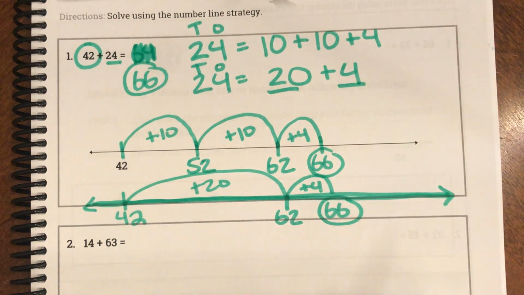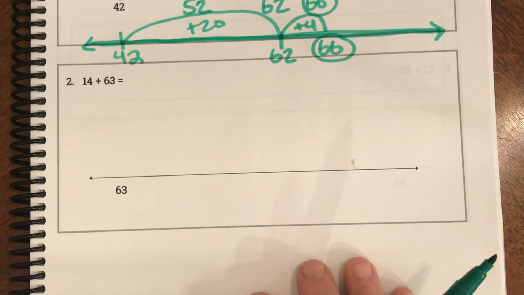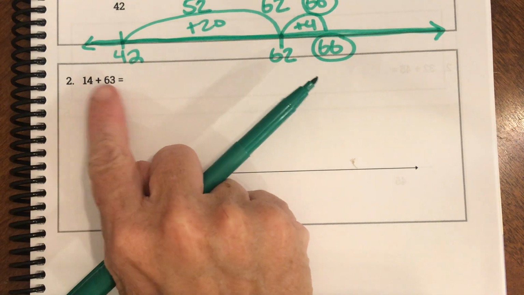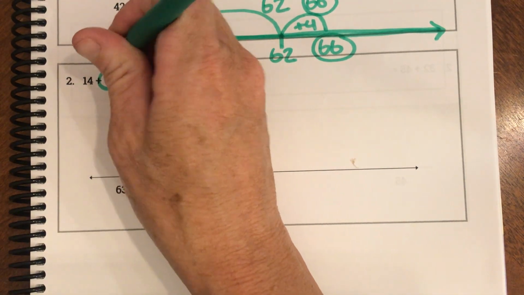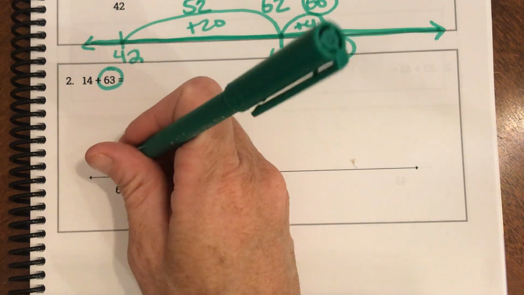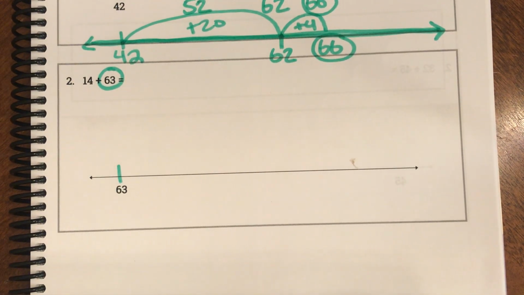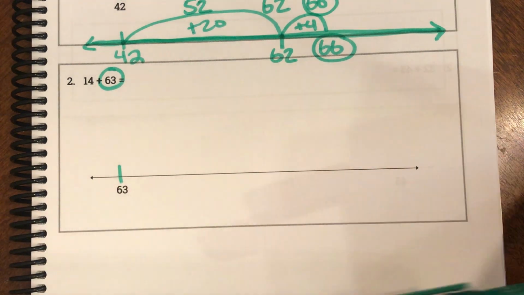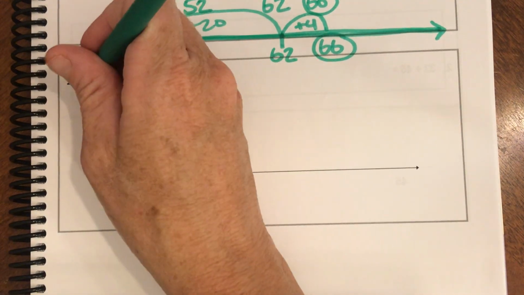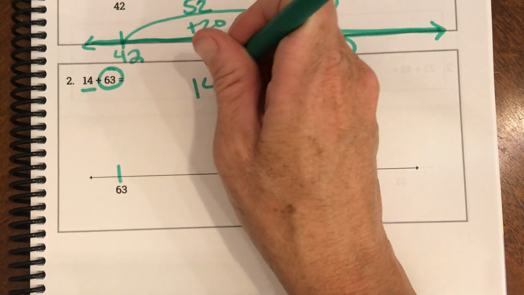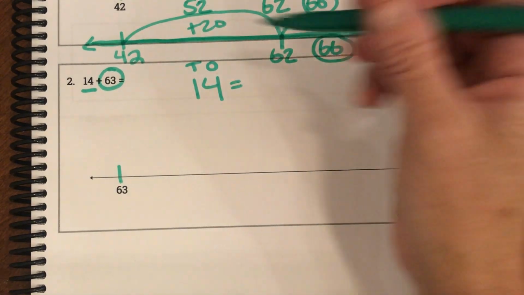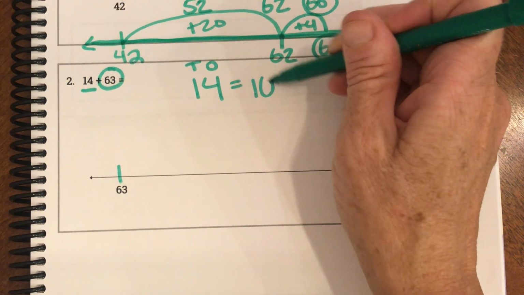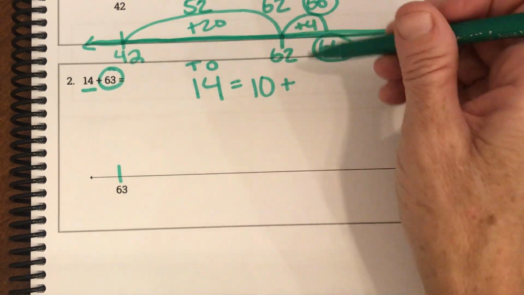Okay, let's look at our next one. And this time we have 14 plus 63. Okay, so step 1 is we put our larger addend at the beginning of our number line. And they've already done it for us. Step 2 is we take our smaller addend and we decompose it. So 14 means I have 1 ten and 4 ones.